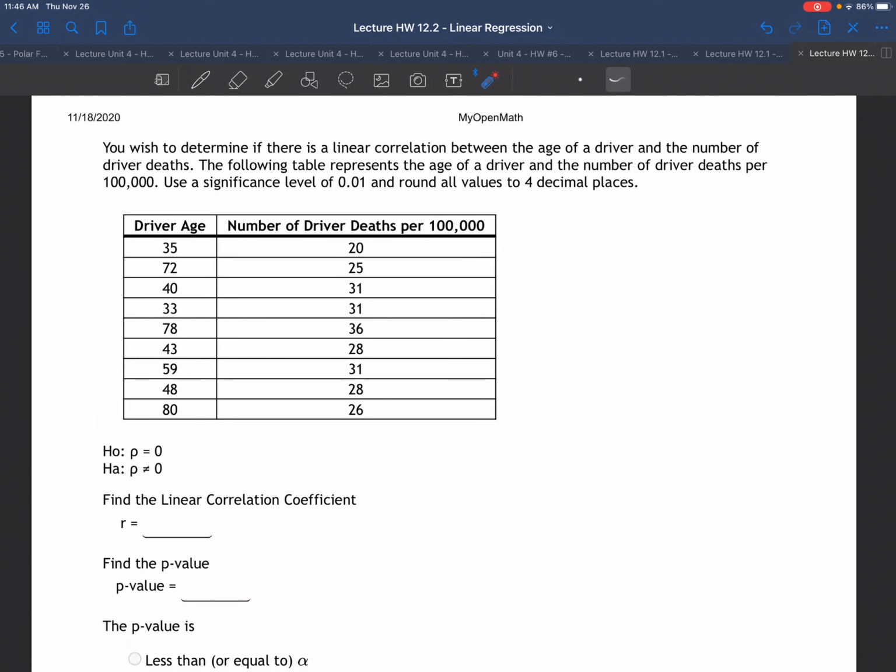Basically, the first step is this is going to become L1 and this is going to become L2. So step number 1, put the data down in L1 and L2. You know how to do that on your calculator, right? You hit the Stat button, and it's already on Edit.